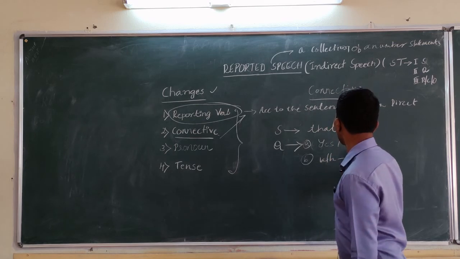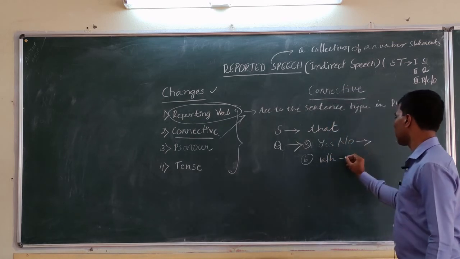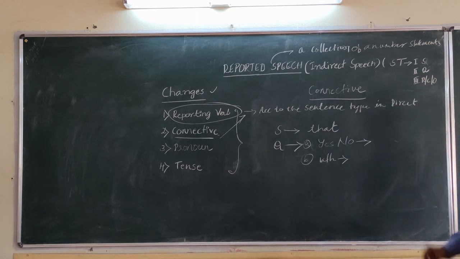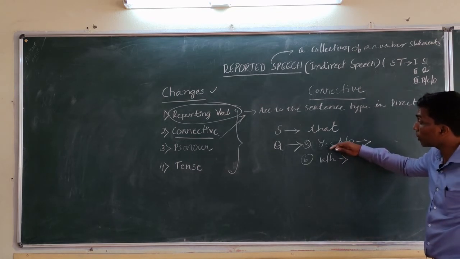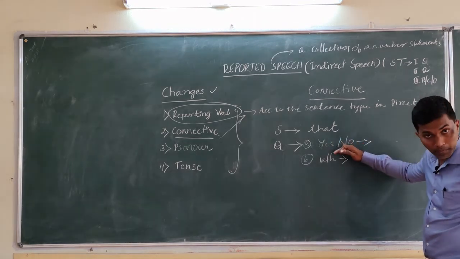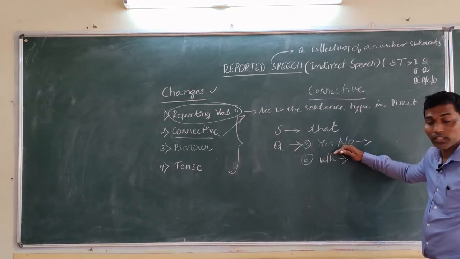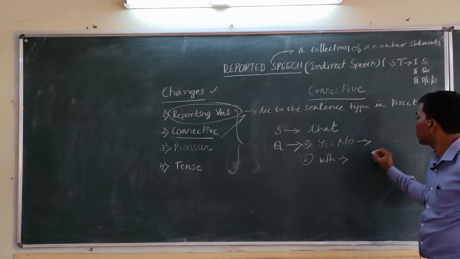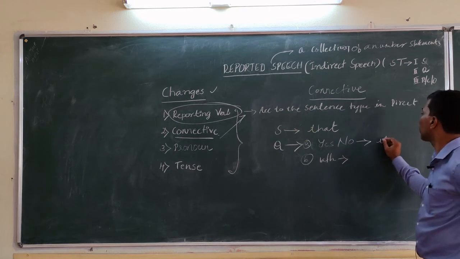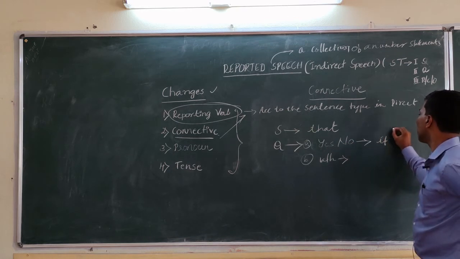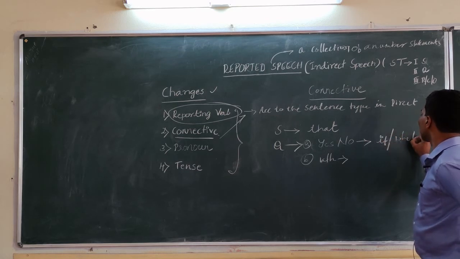We have classified them like this. It again happens here according to the subtype of the question. If it is yes, no, we have a connective: either you have to go for if or whether.